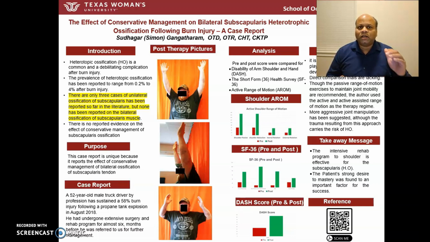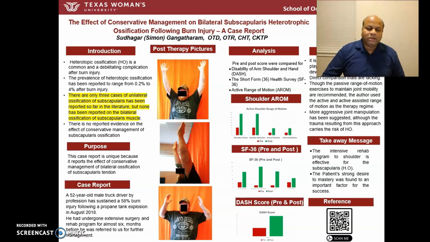So this is the only case that talks about bilateral subscapularis heterotopic ossification. The second reason is that all 3 case studies talked about the effectiveness of surgical intervention. None of them talked about conservative management. So for this reason, the case report is very unique.